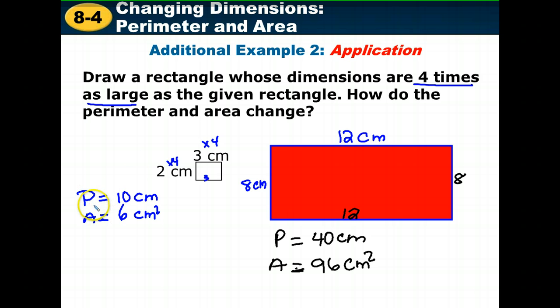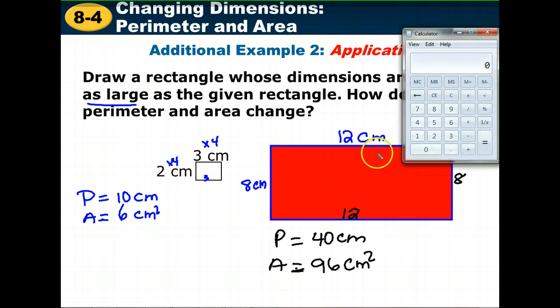So we can clearly see that the perimeter here quadrupled. And what happened here to the area? So this is one of the cases where we want to do 96 divided by 6. Let's bring up our calculator.